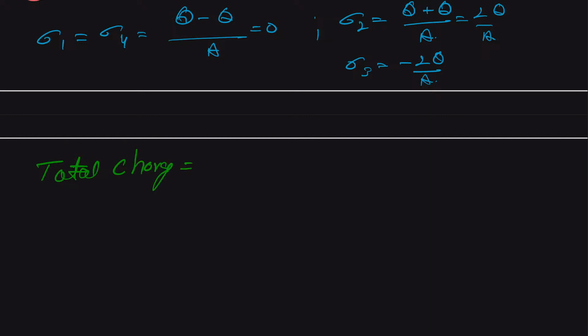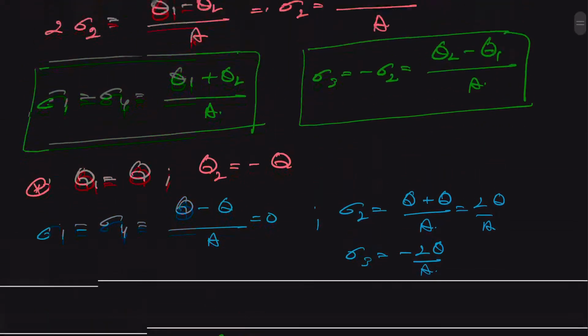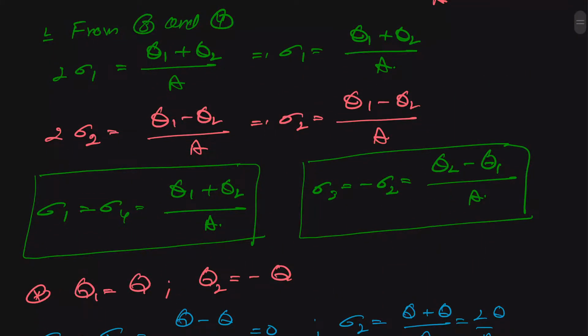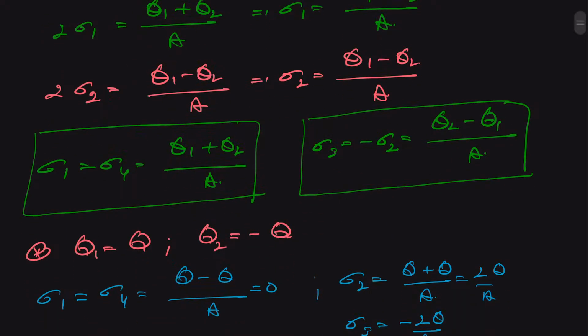So total charge will be equal to the respective charge densities, Q1 plus Q2 upon 2. One second, sorry, I forgot to add 2 here. That was a mistake on my part.